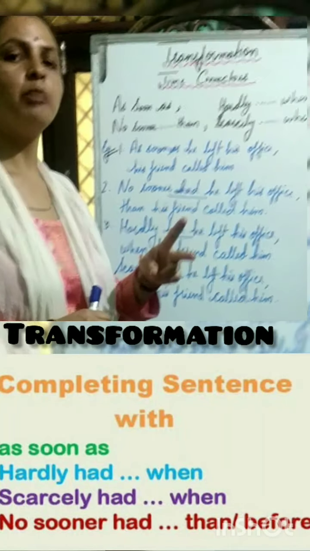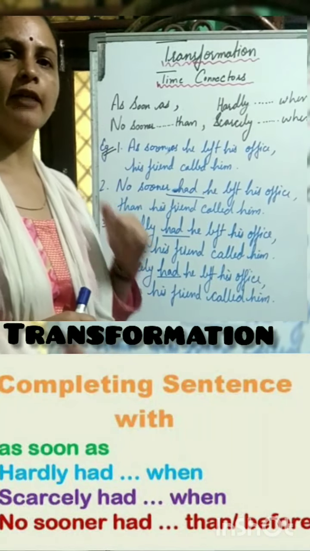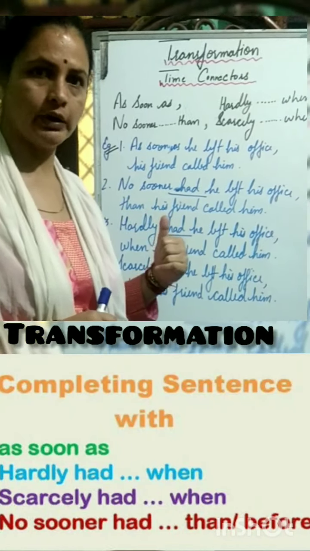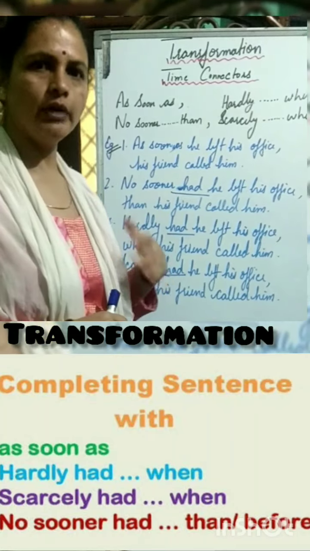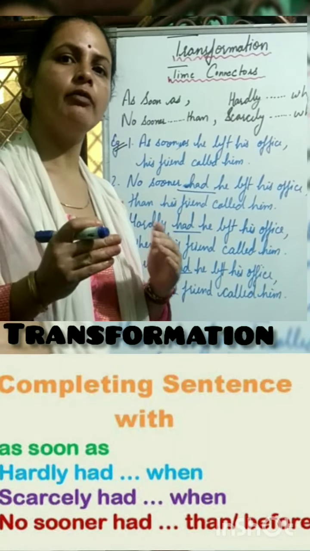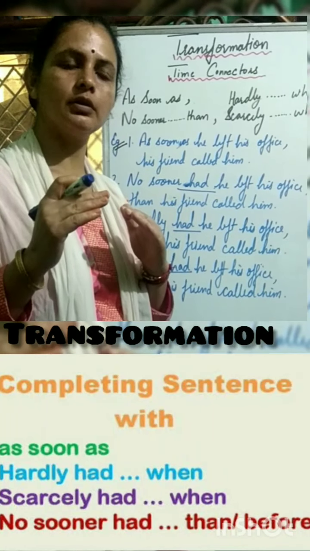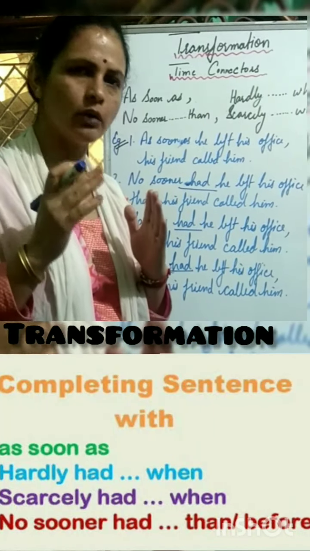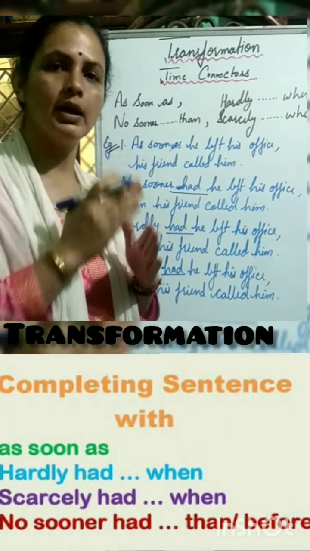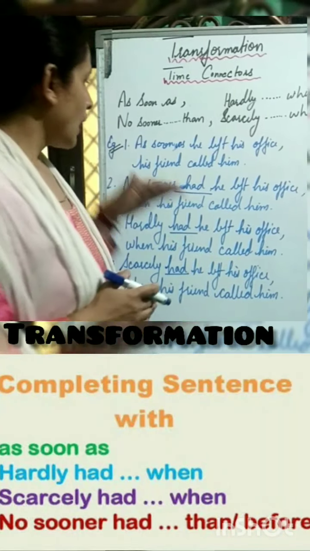Yes, children, two important points which I have to mention regarding the second, third and fourth sentences. Generally, we have learned that whenever there is an interrogative sentence, we use a helping verb before the subject.